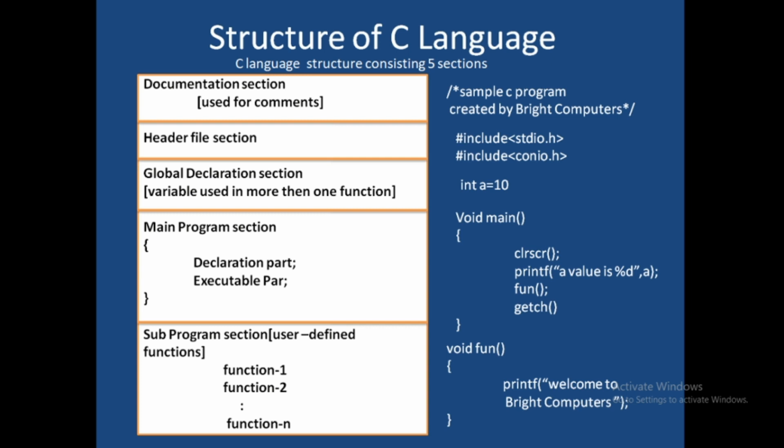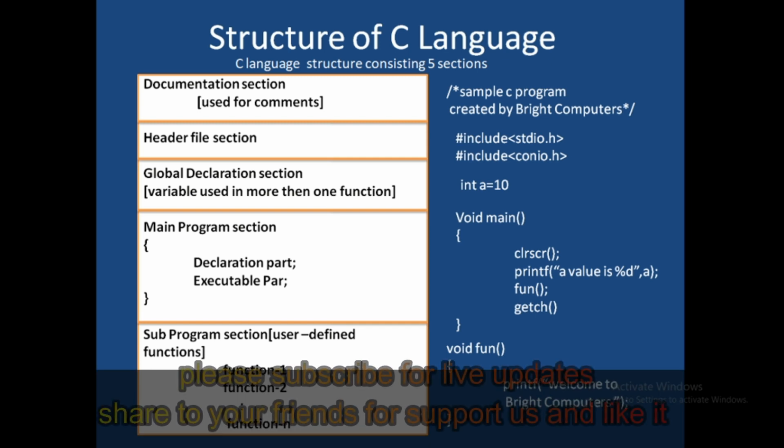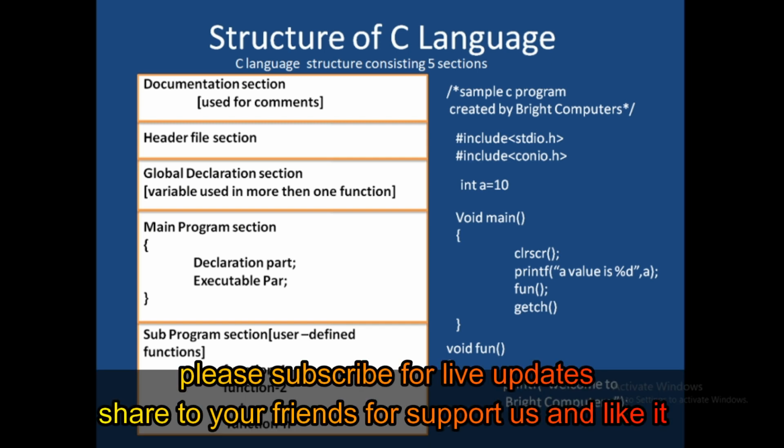Here clrscr clears the screen, and it is in conio.h. Next, printf prints the a value, which is 10; it is a global value I am using in the main function. Next is a function. If this user defined function is called in the main function, only then will it be executed. Next getch is used to show the output on the screen, and it is in conio.h.